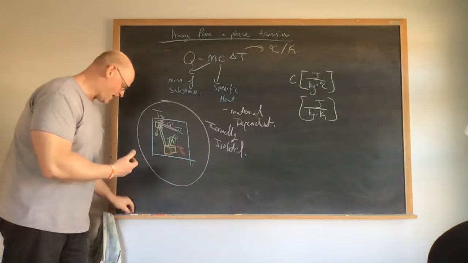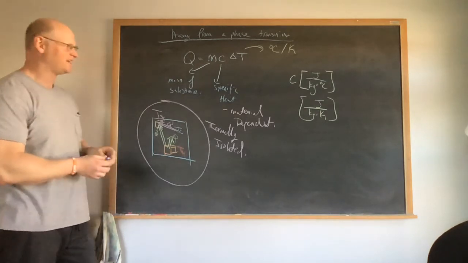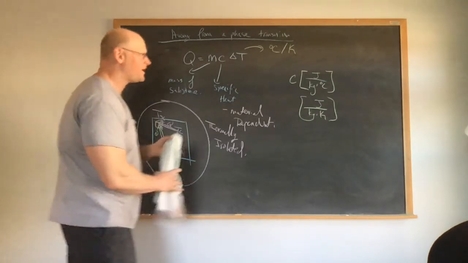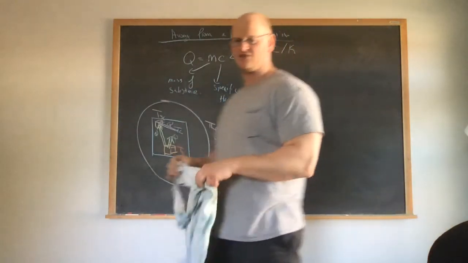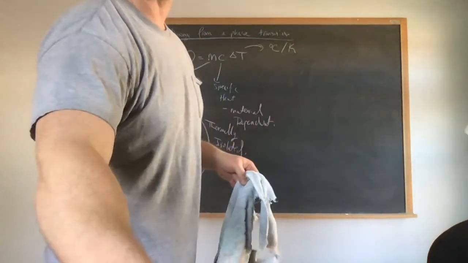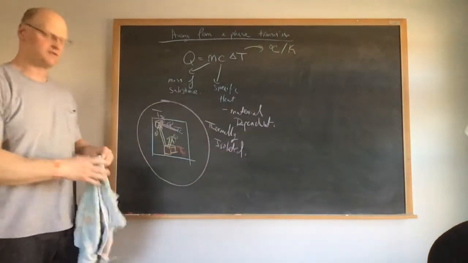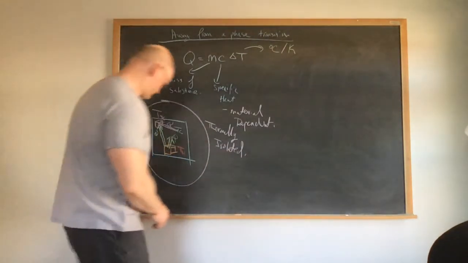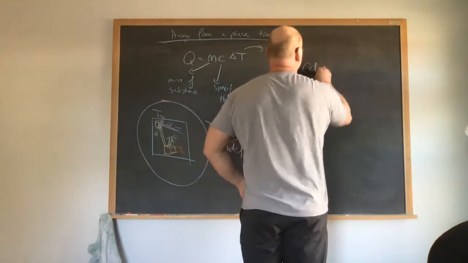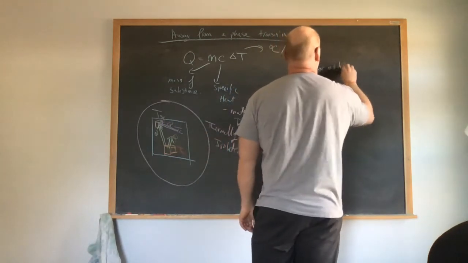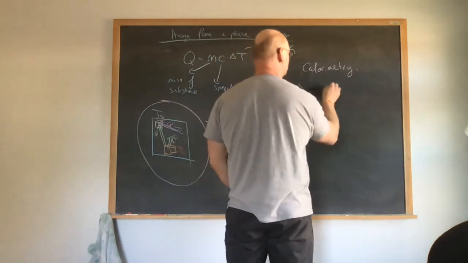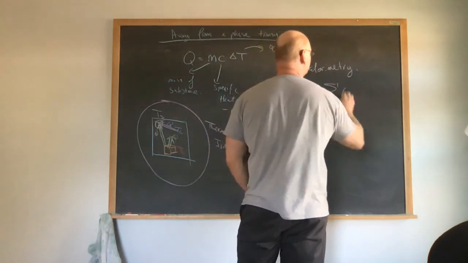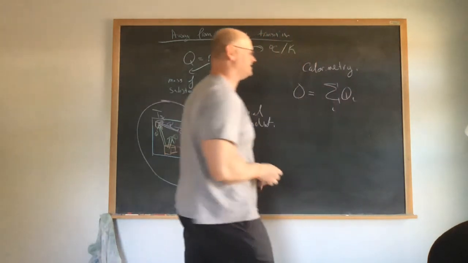So ultimately, for a thermally isolated system, no matter how much heat everybody is giving up, the total heat of the entire system must be equal to 0. This is what's known as calorimetry. So calorimetry says that the net heat is equal to 0, which is then equal to the sum over all possible heats.